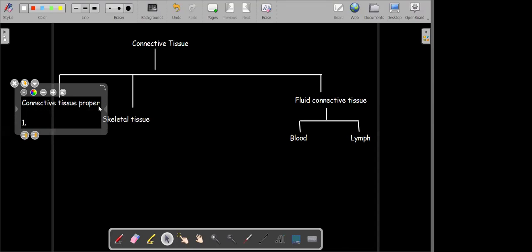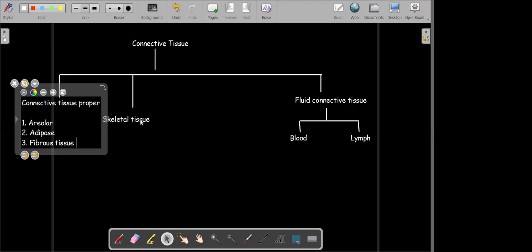It can be either areolar tissue, or adipose tissue, or fibrous tissue. In the fibrous tissue, there are still some types of fibrous tissue that we'll discuss.